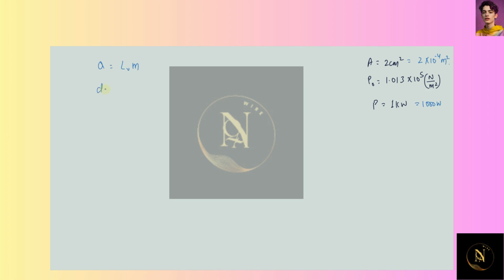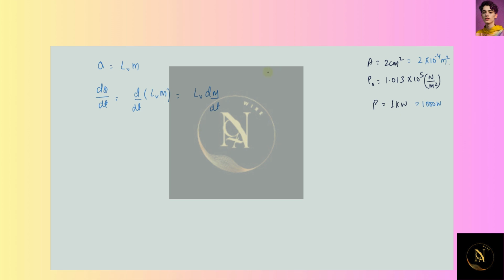So dQ by dt will be equal to d by dt of L_V times m. Since the latent heat of vaporization is constant, we can take it outside the differentiation. So latent heat of vaporization times dm by dt. So this is the formula for dQ by dt.